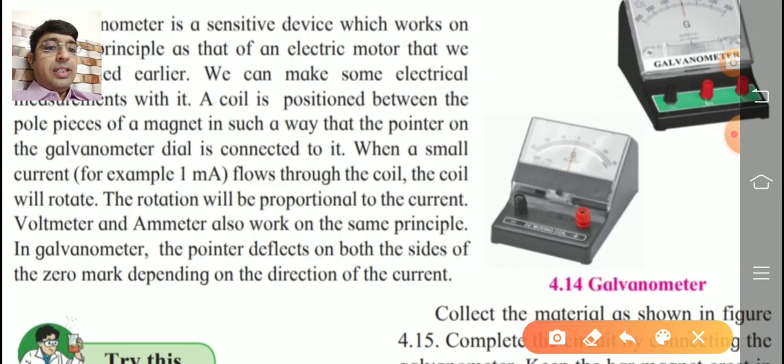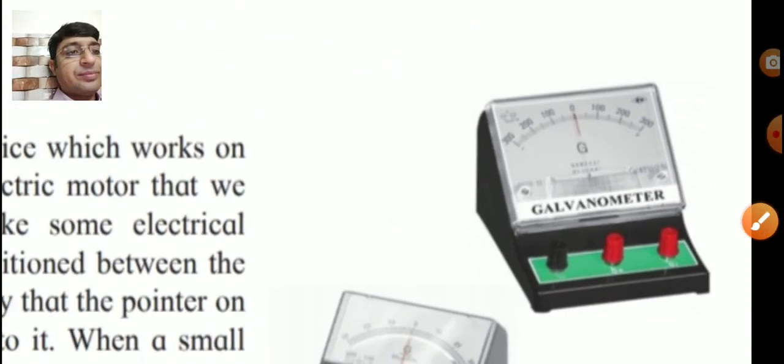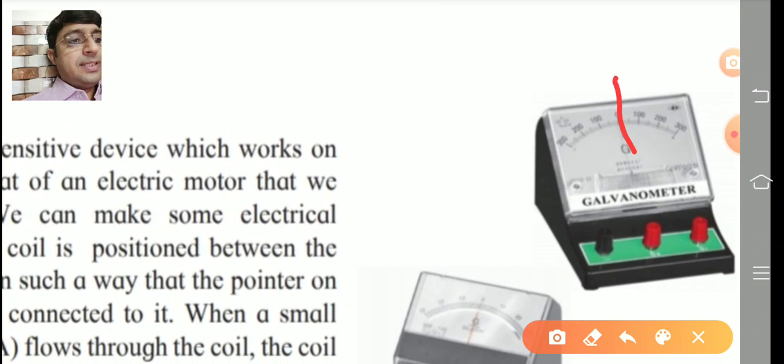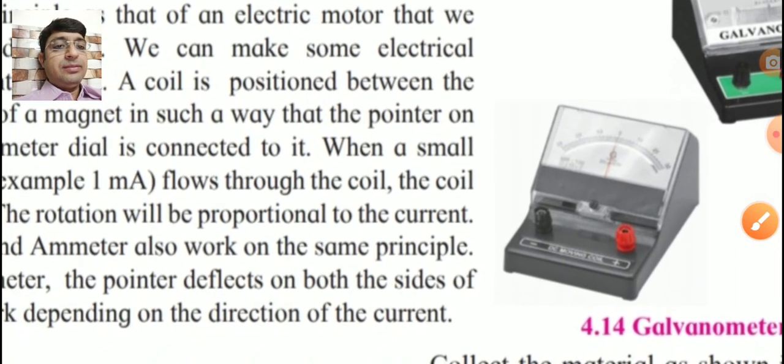That needle is moving left hand side or right hand side, depending on the direction of current in the circuit. Check this galvanometer. At the center 0 is there. So this is the needle that is moving in left hand side or right hand side, depending on the direction of the current. All getting? Okay.